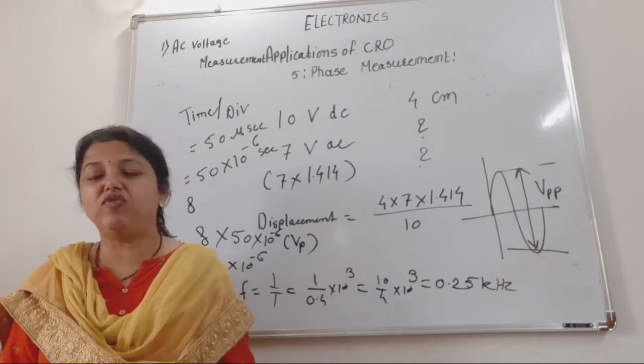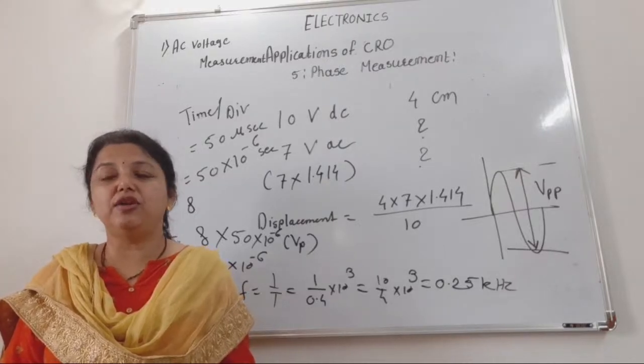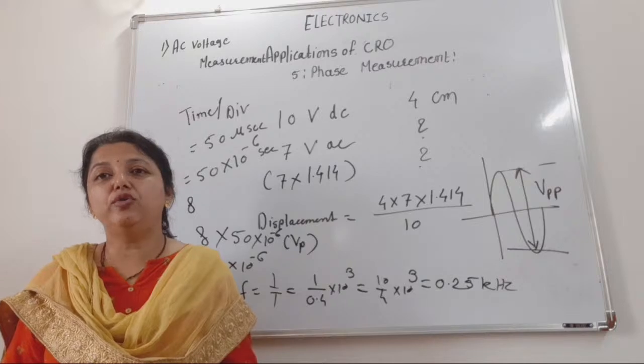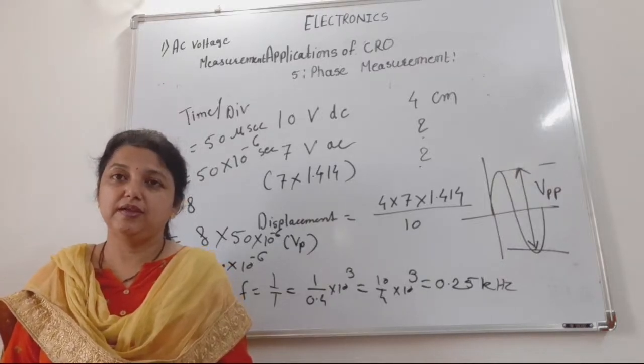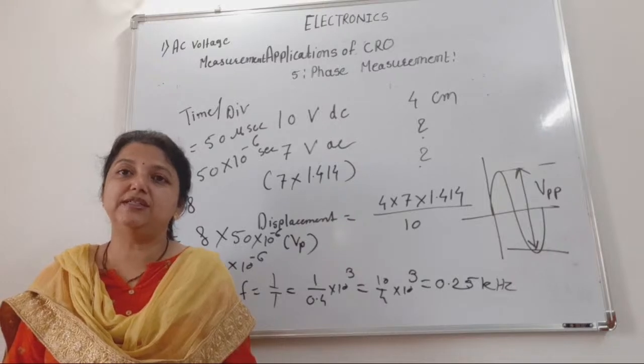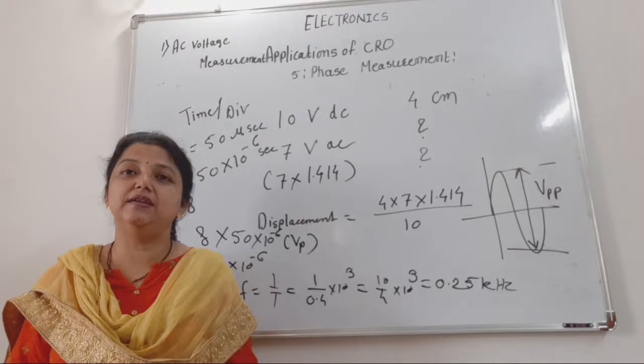First we see the function generator in the laboratory, and the digital multimeter you already know. So those 2 points we will cover in our classroom, or when we see the CRO and function generator in the laboratory. Okay. If you are having any difficulty, then you may ask.